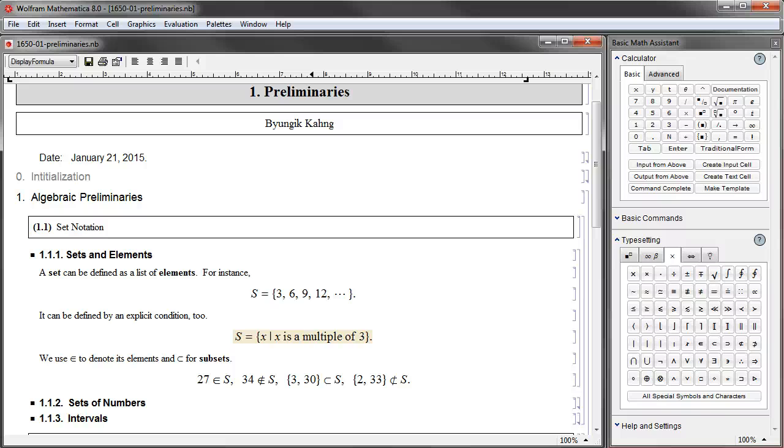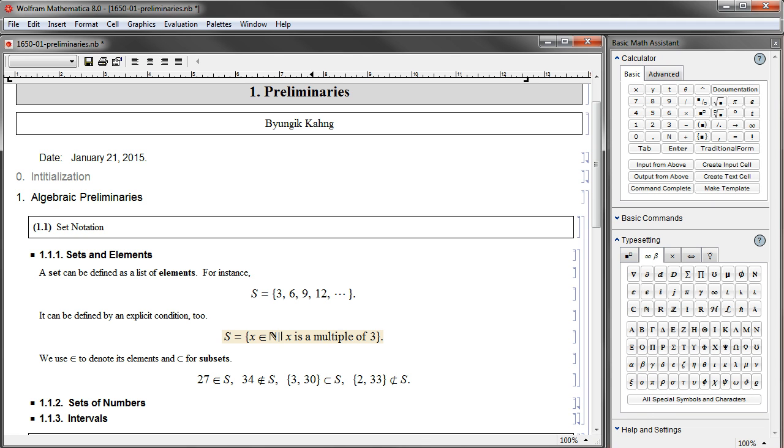The precise version of set builder notation must begin with a set known a priori, kind of like x that belongs to the set of natural numbers, so that x is a multiple of 3, and we have 3, 6, 9, and so on.